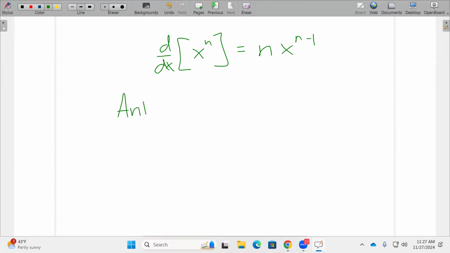So the antiderivative of n x to the n minus 1 is just x to the n. Now, what I'd rather have is just the x to the n here. So I've got to tweak things to make that happen a little bit.